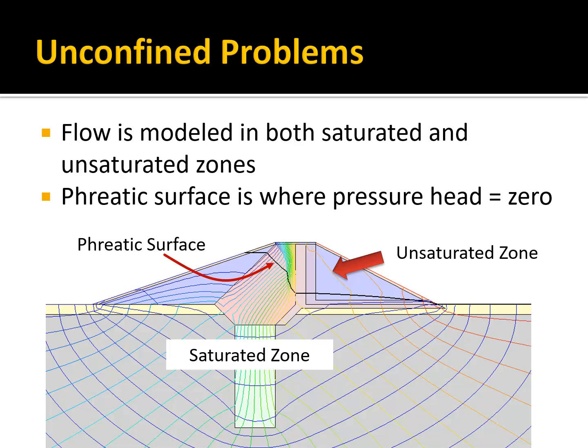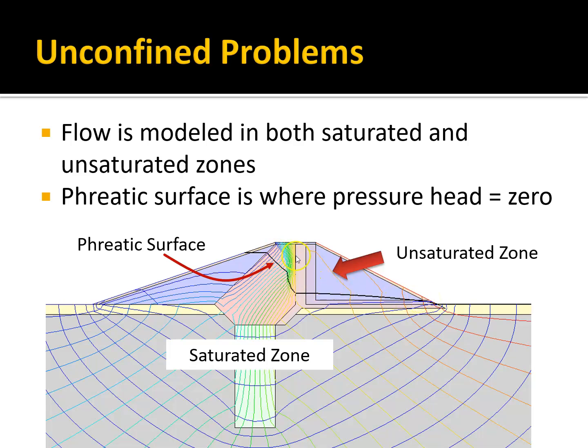And then above that, it's partially saturated, but again, it has negative pore pressures due to the pull of the capillary rise. We just, for simplicity, assume that the entire zone is at least partially saturated, although the saturation level could be really small. But again, SEEP2D will automatically iterate to determine the correct location of this phreatic surface.